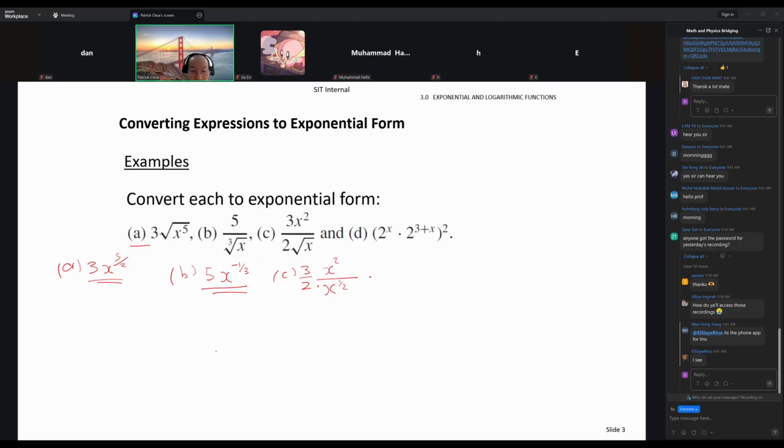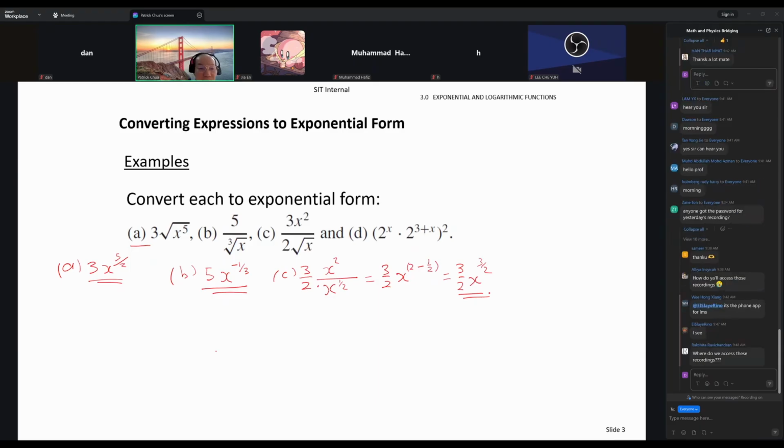So that can be further rewritten as 3/2 times x squared, and you bring the x to the power of half up, becoming x to the power of minus half. So x squared times x to the power of minus half, using what we have just refreshed, and then you simply get the final answer, 3/2 times x to the power of 3/2, in exponential form.